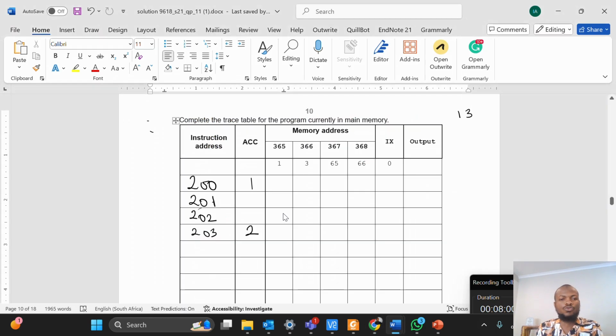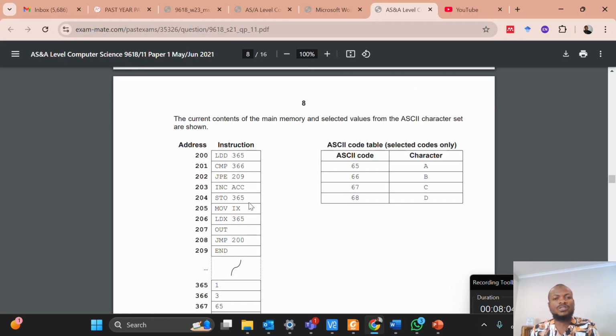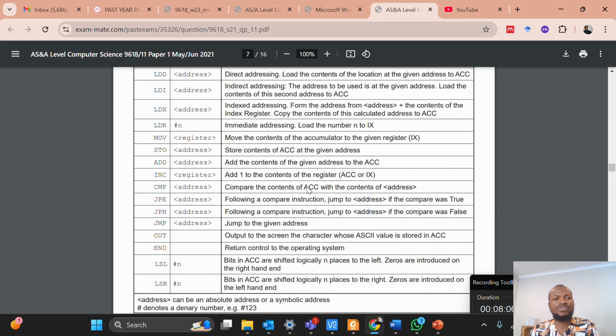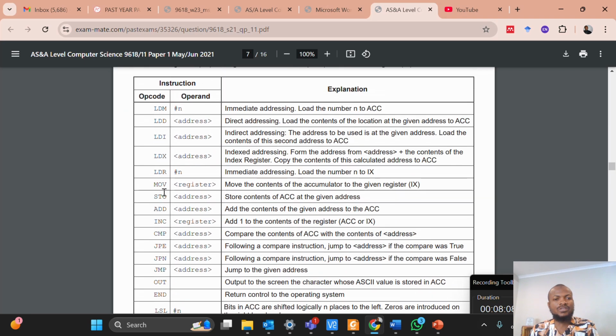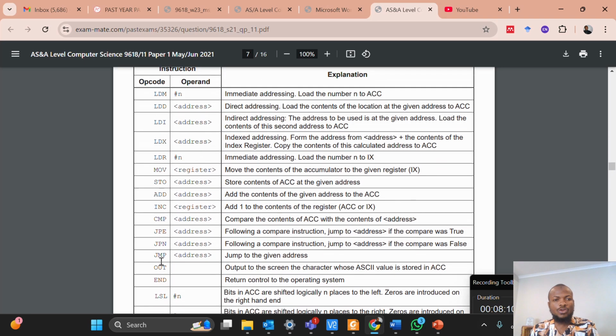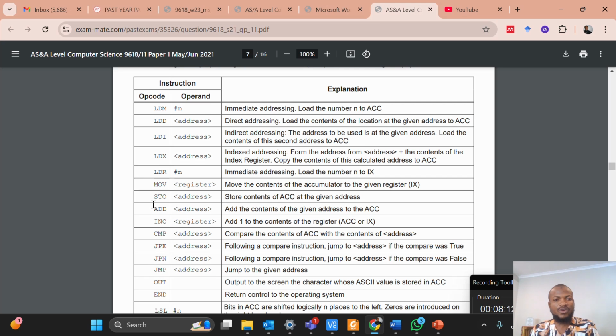We go to address 204. Address 204 means STO 365. And what does STO 365 mean? If you don't know, just go to the table. The table is provided for you in the exam. STO address: store the content of accumulator to the address.